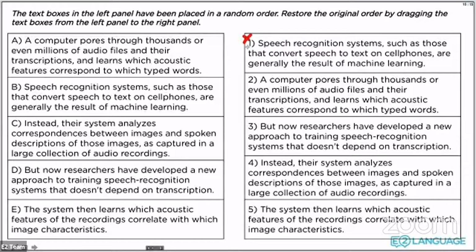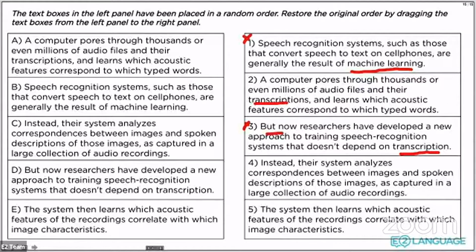And it says speech recognition systems, such as those that convert speech to text on cell phones, are generally the result of machine learning. Here we go. Now we find the object going to the subject of the next sentence. Machine learning. A computer pores through thousands or even millions of audio files and their transcriptions and learns which acoustic features correspond to which typed words. But now researchers have developed a new approach to training speech recognition systems that doesn't depend on transcription.